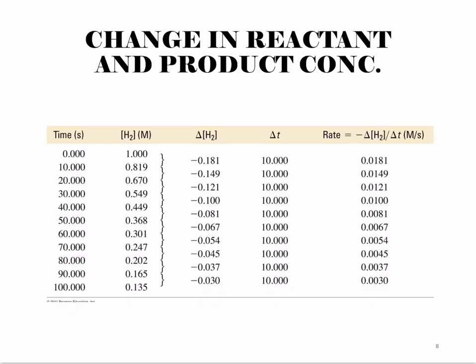So this is just a representation in a table of the same thing that we plotted on the previous page, right? This is just how the time and the concentration of all the species are changing. To get these values, let me go to the laser pointer.